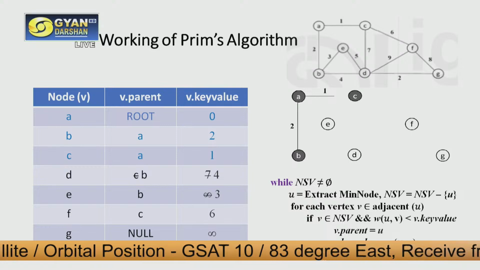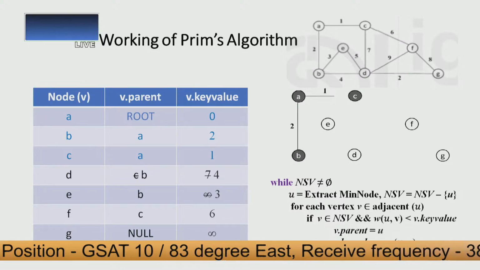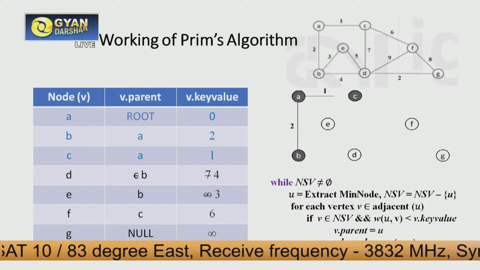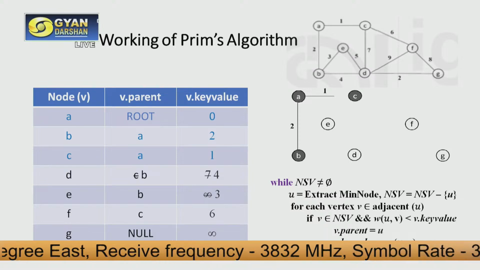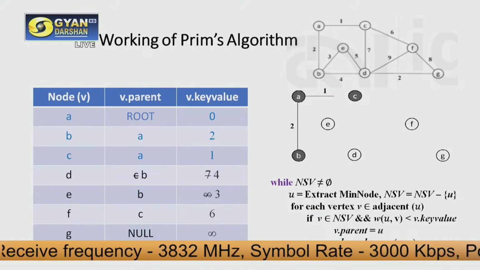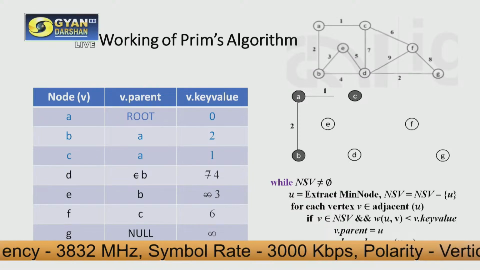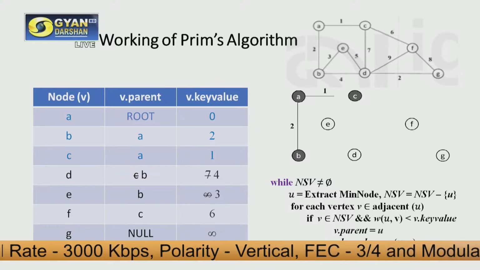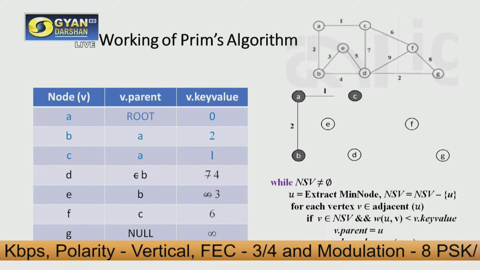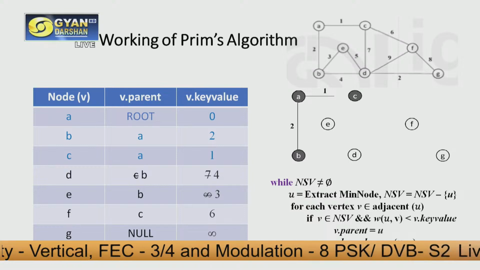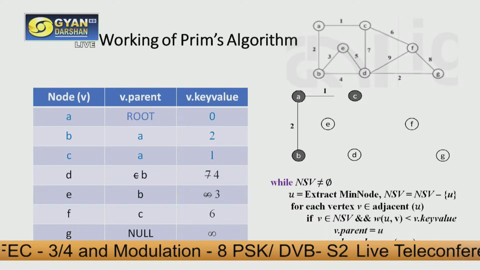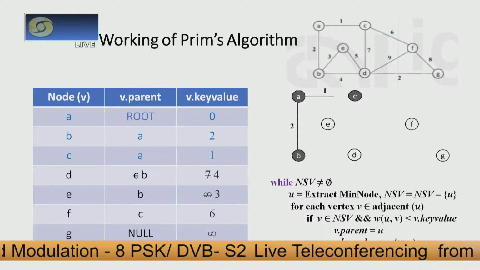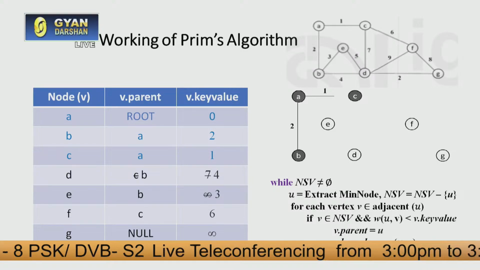But when now B is considered as parent for D, its cost value is 4, which is lesser than 7. So accordingly, it is modified in this table from 7 to 4. And now the parent is also modified. Earlier it was C, now it is B, because the least cost is from B to D.